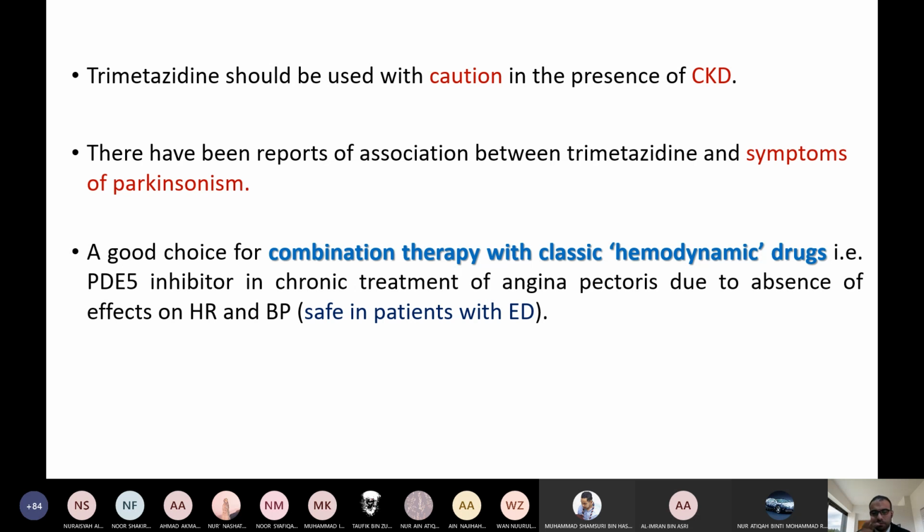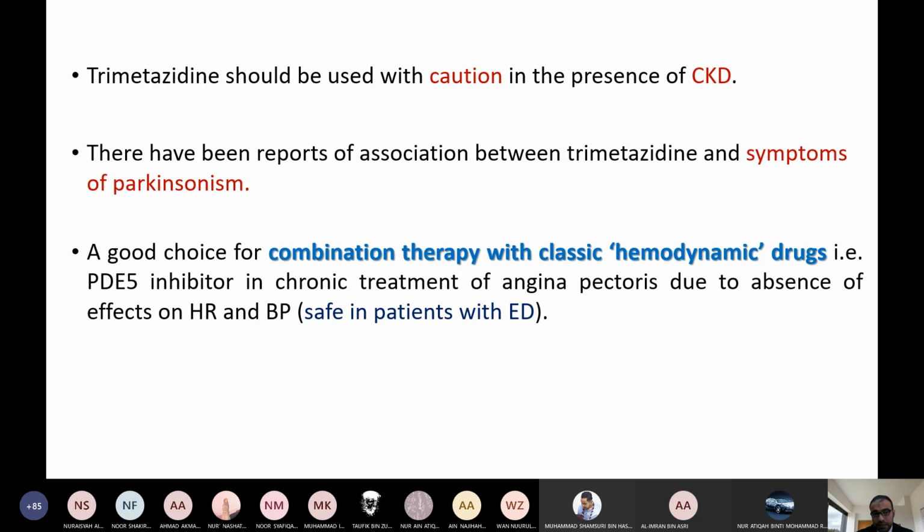There are many reports of higher incidence of Parkinson's symptoms among patients on trimetazidine. Again, to make it clear, trimetazidine doesn't cause Parkinson's, but some observational reports say the Parkinson's symptoms seem to be higher among patients on trimetazidine, so this needs more investigation.